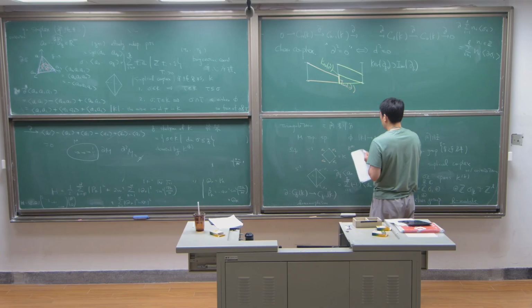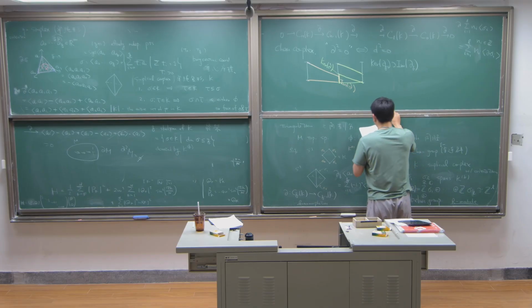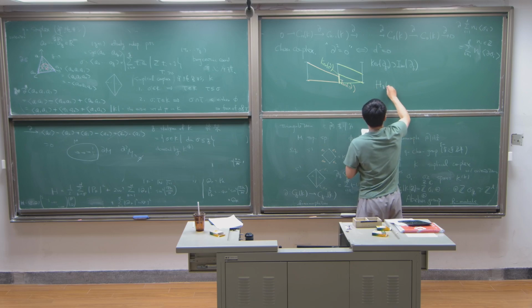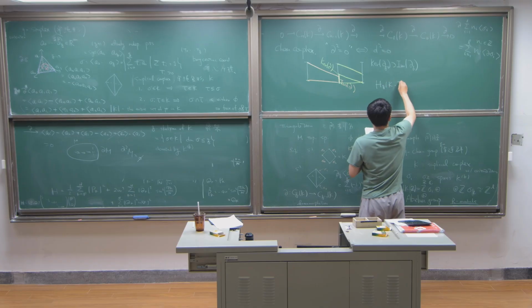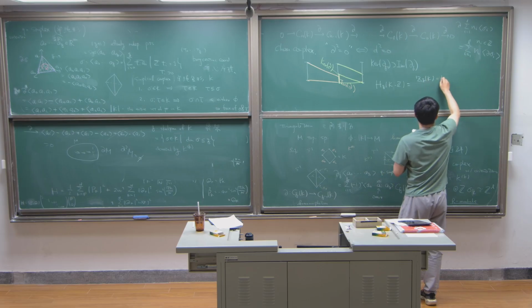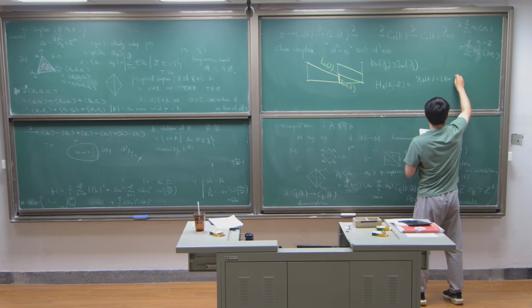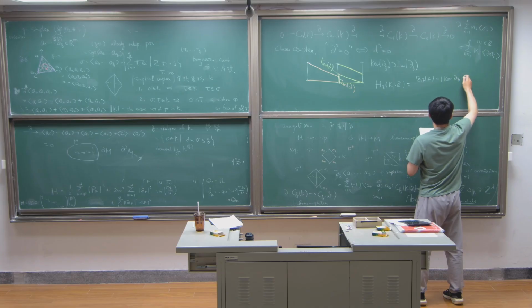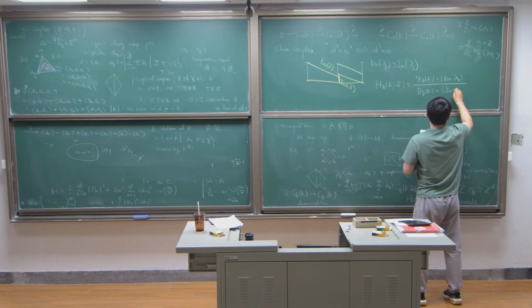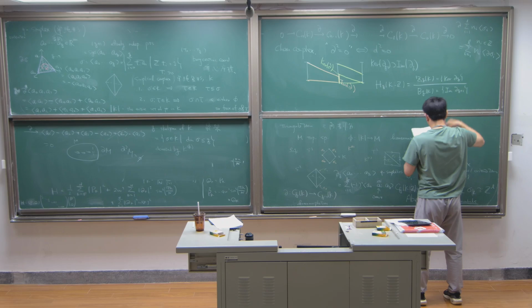The definition of the simplicial homology group is H_q of K with Z coefficients, like this one.